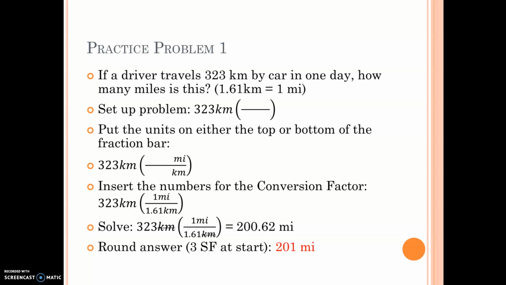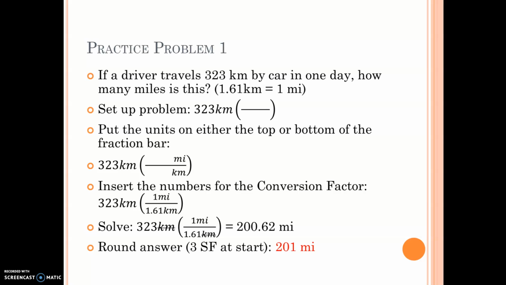All right, now we are going to insert the numbers for the conversion factor. In our problem, we were given a conversion factor. Sometimes you have to look this up. Our problem tells us that 1.61 kilometers is equal to 1 mile. So we are simply filling in the numbers that correspond with the units that we've already placed.